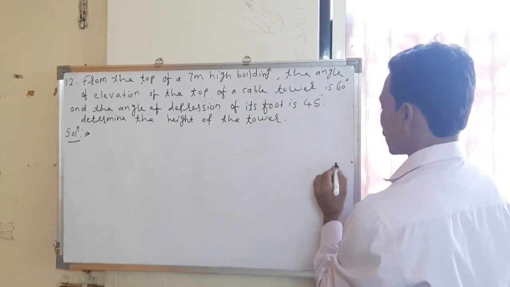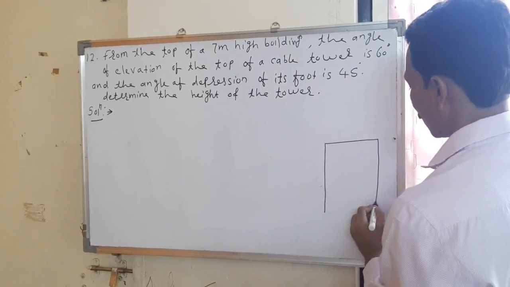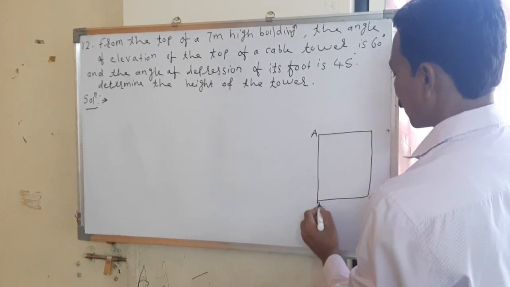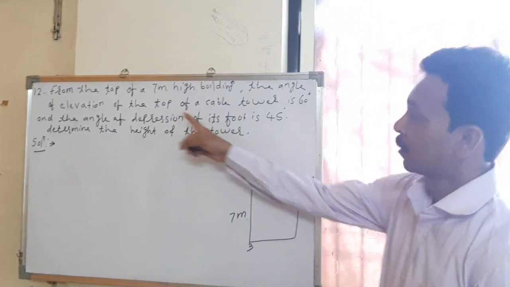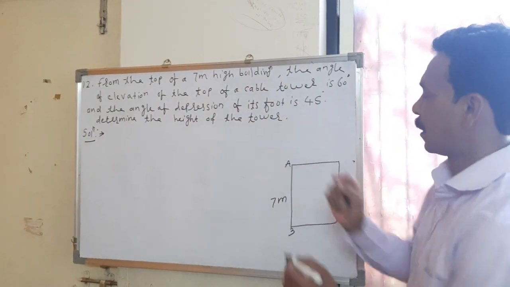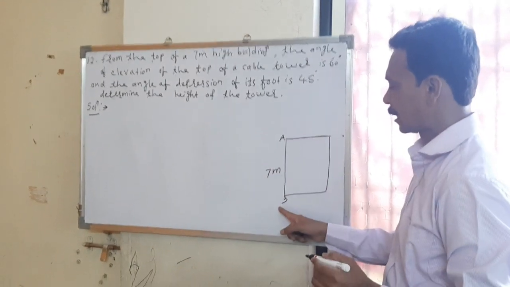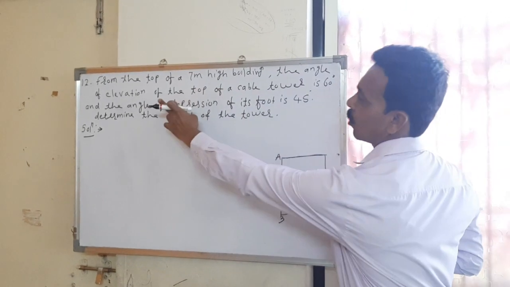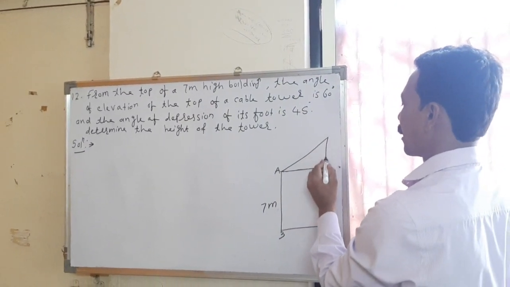How to show? See here. Let this be A, B. This is the 7-meter high building. From the top of the 7-meter high building, this is the angle of elevation of the cable tower.